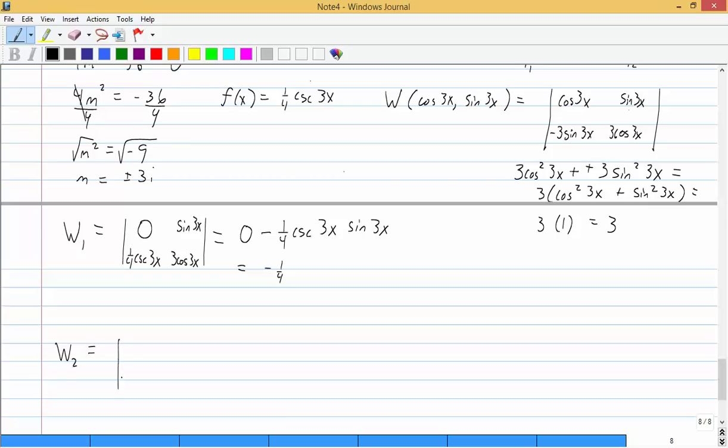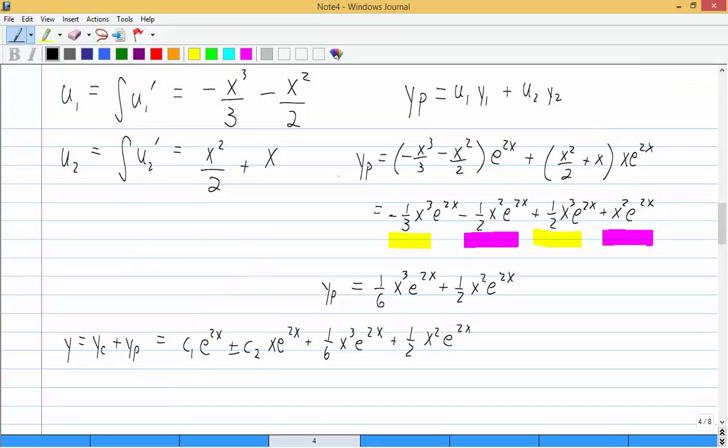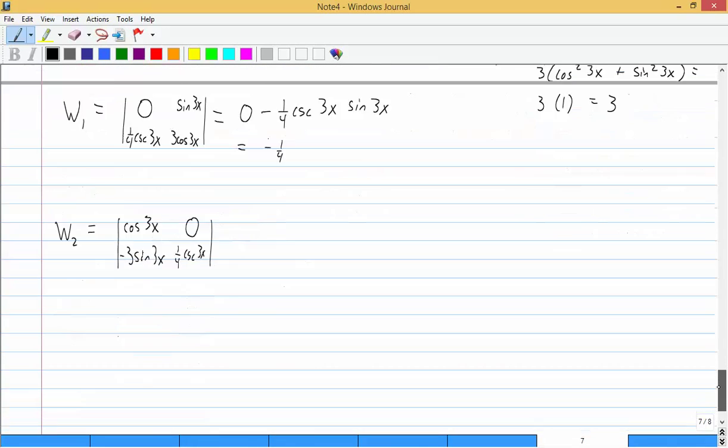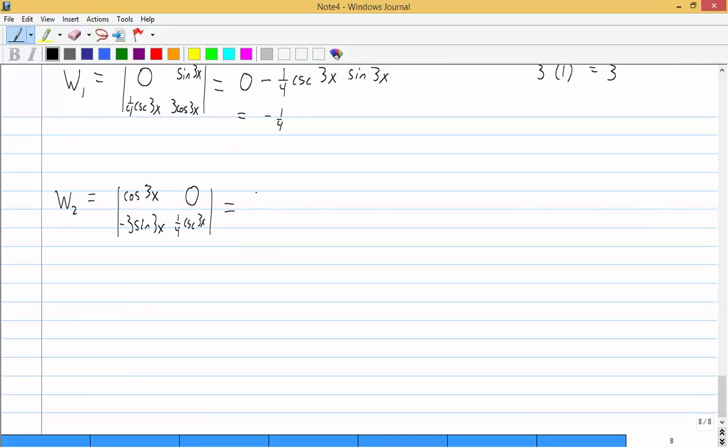Our Wronskian sub 2, in our second column we put a 0, and then we put 1/4 cosecant 3x. In our first column we put y sub 1, just cosine 3x. Underneath that you put the derivative, negative 3 sine 3x. Now, work out that 2 by 2 determinant, and you get 1/4 cosecant 3x times cosine 3x minus 0.